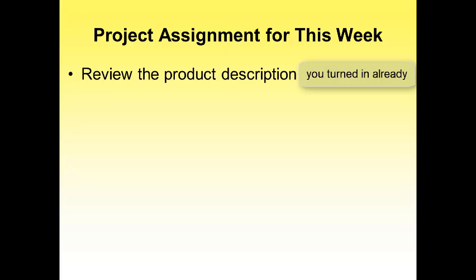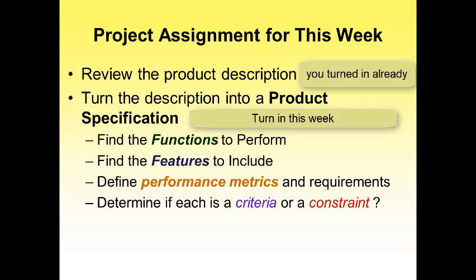So your assignment for this week is going to be to turn that list of customer needs and requirements into a good product specification document. And by that we mean we want you to find those functions that the product is supposed to perform, find the features that need to be included, pick out any of the performance metrics that are required, and then look at each of these and determine, is this a criteria or is this a constraint?